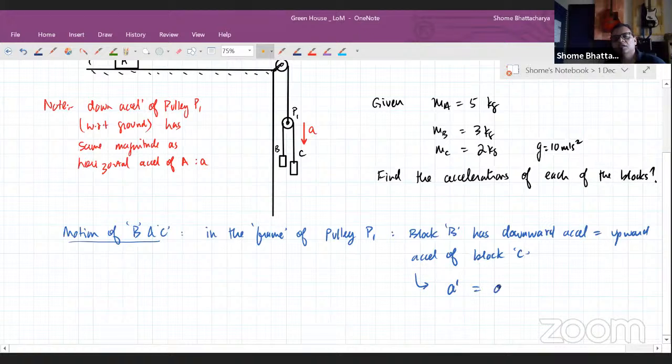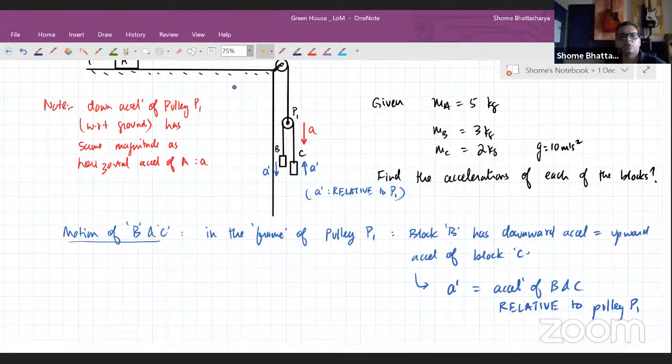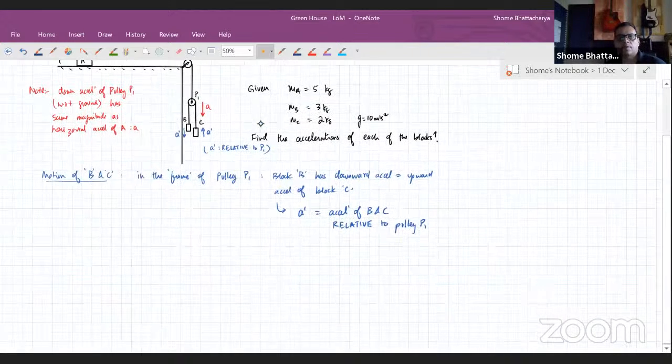This is the acceleration of B and C relative to the pulley P1. So B is coming down with an acceleration a prime and C is going up with an acceleration a prime, but this a prime is relative to the pulley P1. This is a very important point to understand about the system.